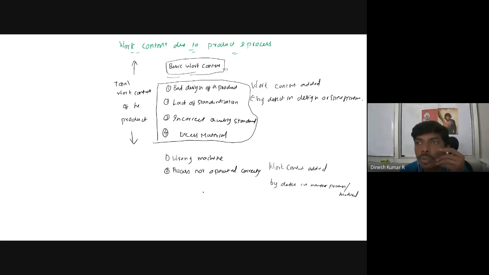If you follow a process which is not properly followed in a sequence, of course this is also going to have some work content added. Like, if this should be set with this, instead of this, if you set this side, obviously it is going to have some wobbling effect, because this point is pointed and that will clamp your thing properly.